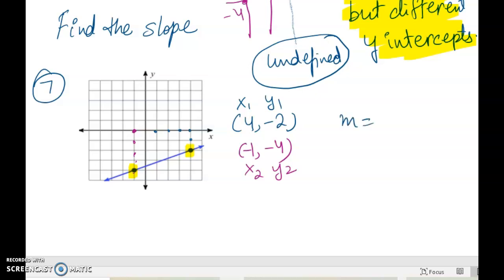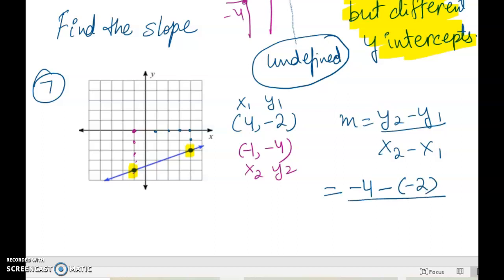Right. The slope formula is y2 minus y1, which is the change in y, over the change in x, which is x2 minus x1. Plug everything back. Y2 is -4. I will put my negative sign. Y1 is -2. Again, -2. X2 is -1. Don't forget the negative sign. First put the negative sign and then see what is the other value.